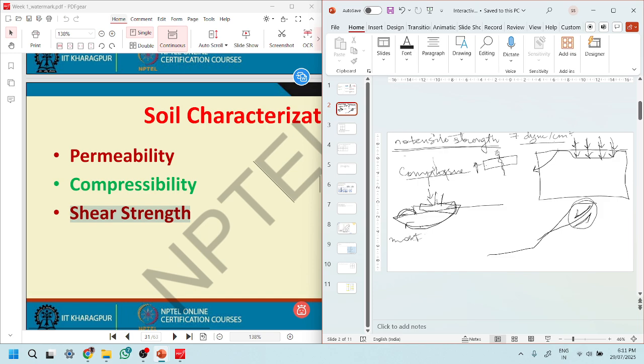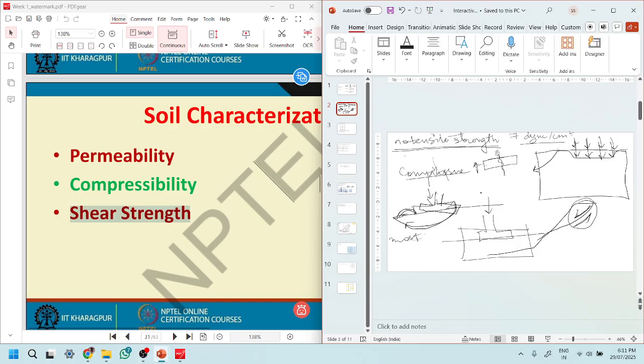and this is the most important topic that we want to study about our soils, because whenever you construct something as geotechnical engineers, the most important thing that you determine first is the bearing capacity of the ground on which you are constructing anything, be it a road, be it a building, any structure in the world.